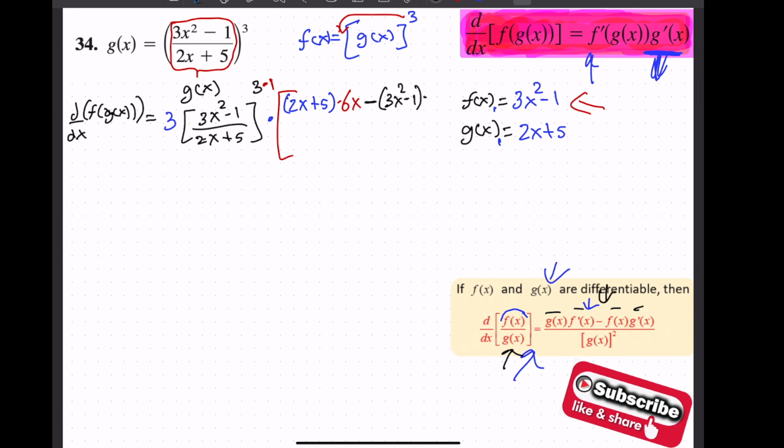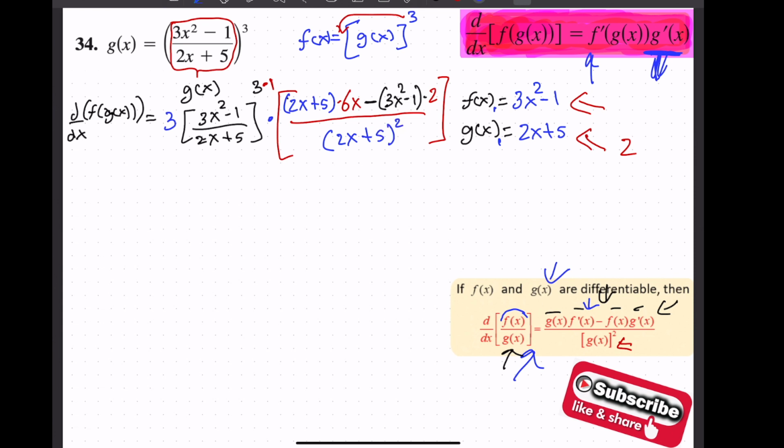Then we need to multiply times g prime. So now the derivative of g is simply equal to 2. So times 2 there. And that's all over g squared, which is the denominator squared. So 2x plus 5, all of it squared.